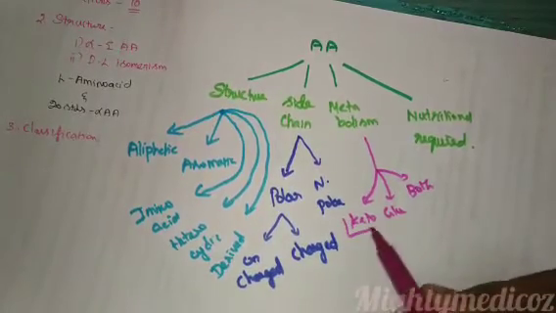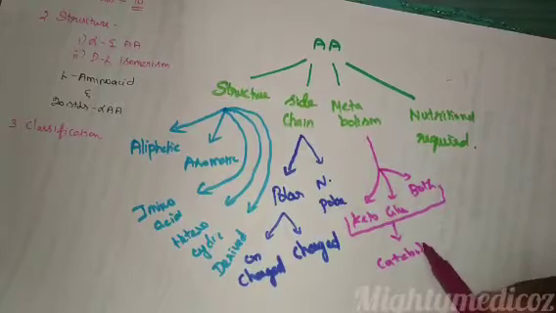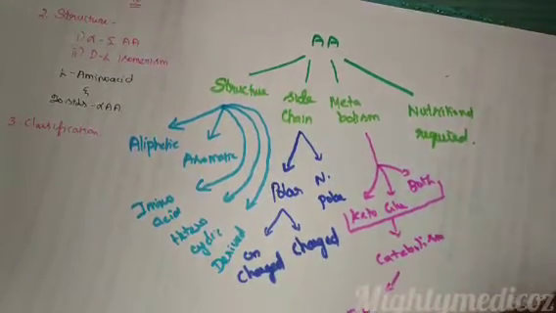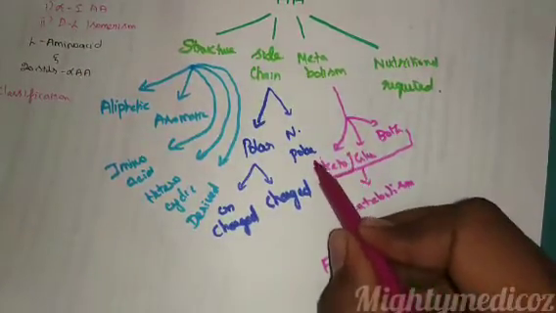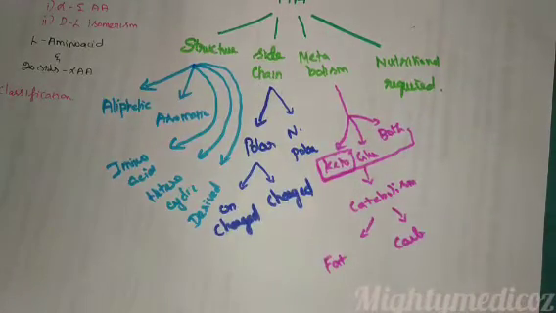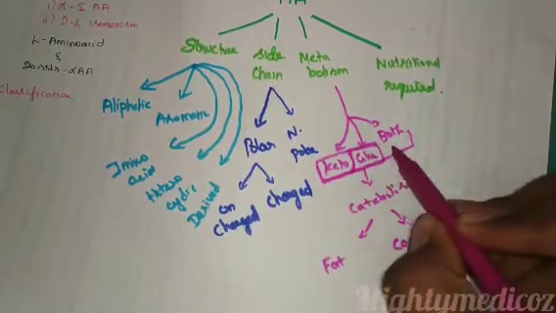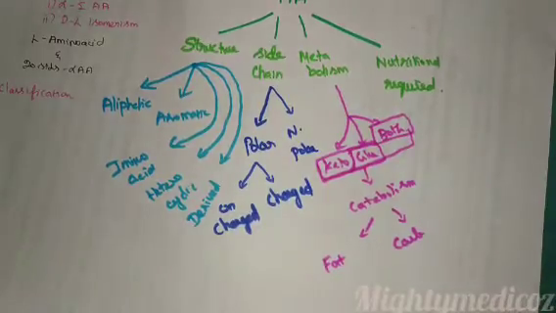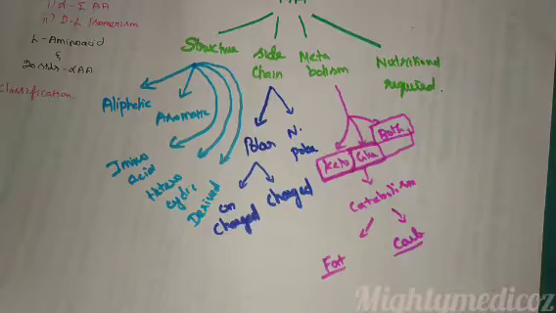This is classified by which pathway the amino acid goes into during catabolism. If it goes into the fat anabolic pathway, it is a ketogenic amino acid. If it goes into carbohydrate metabolism, the Krebs cycle, it is a glucogenic amino acid. If it goes into both fat and carbohydrate metabolism, it is both.